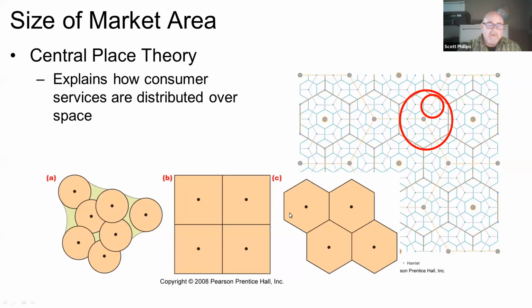And if you form them into these hexagons, you can have one for each city. And then there might be a bigger city in between that offers services for many others.